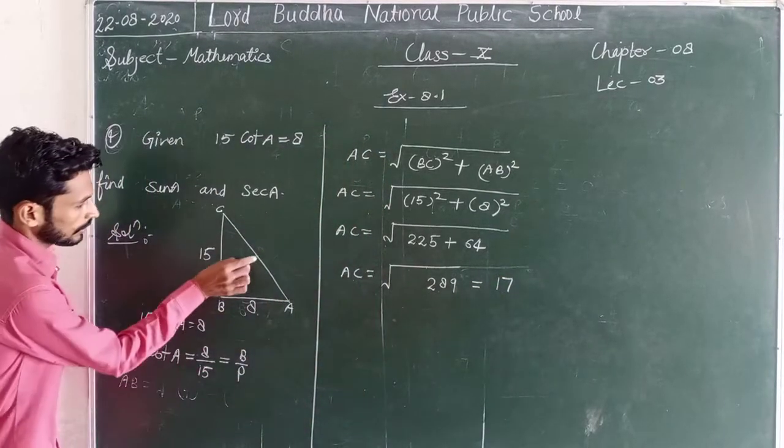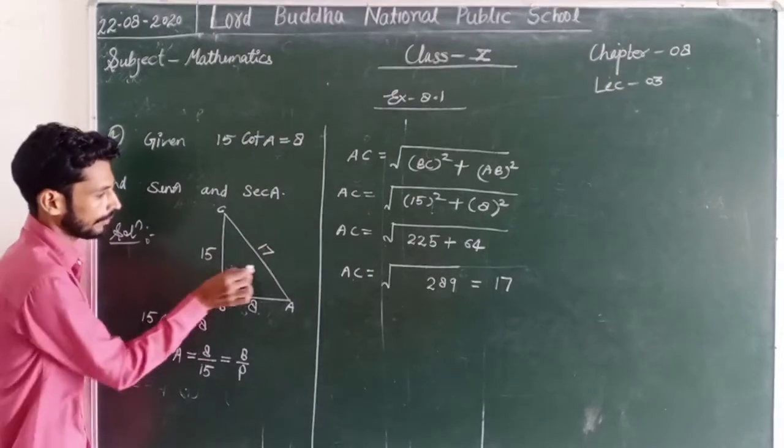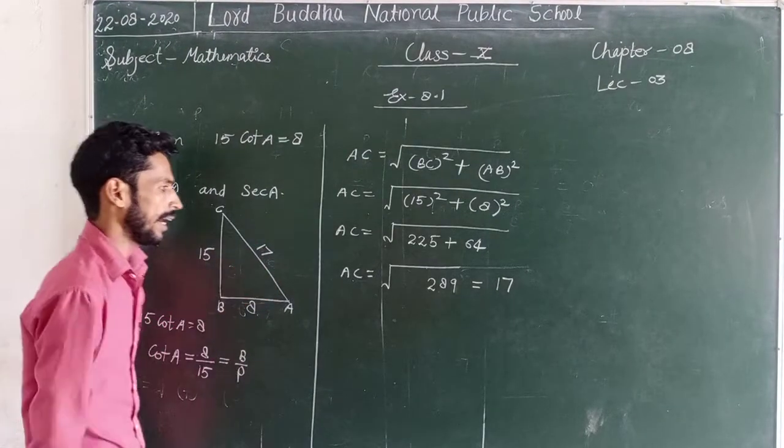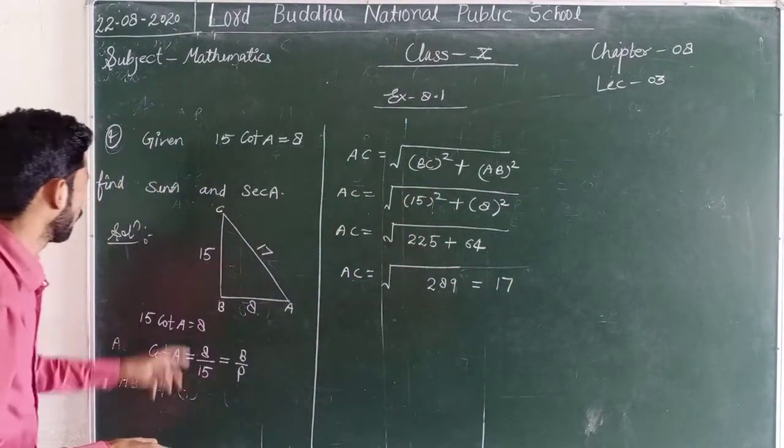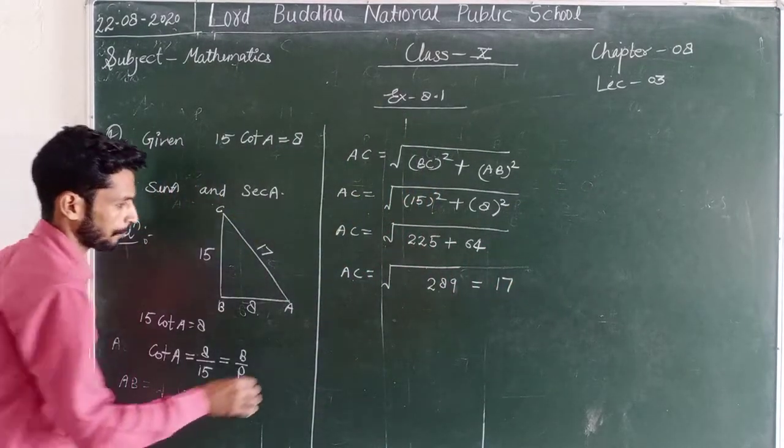So the value of hypotenuse is 17, and now we can get the value of sin A and sec A.